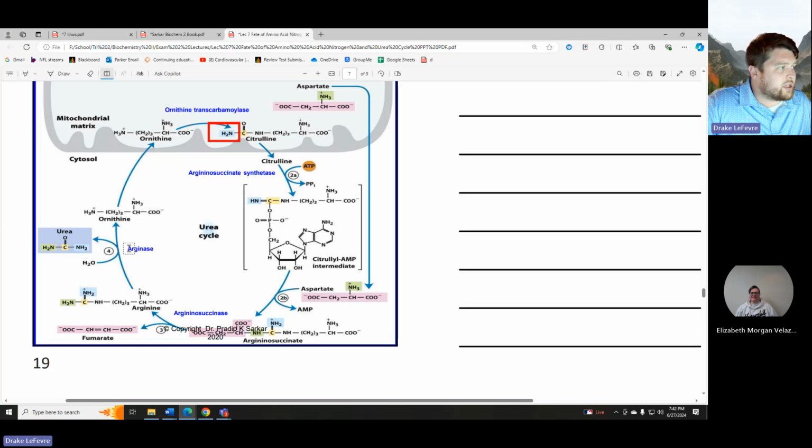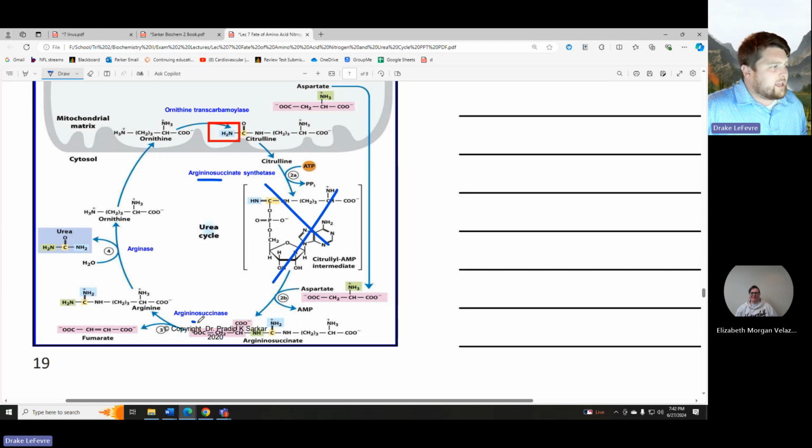Arginine continues, with arginase, to ornithine, and that ornithine goes back to the mitochondrial matrix to keep going around. So, studying and reviewing this, I would cut out this part right here. Don't worry too much about that.